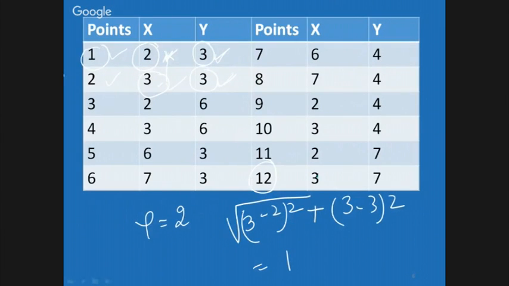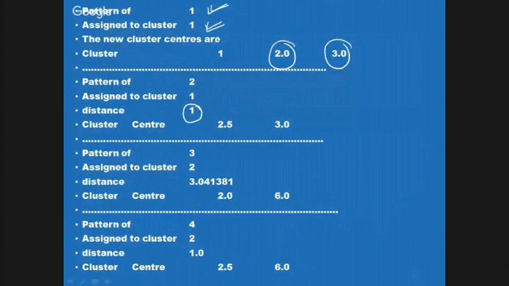Now we are comparing with the first cluster, because we have only one cluster. So we have found the distance 1, and this 1 is less than rho, which is equal to 2. So 1 is less than 2, that means this pattern belongs to the same cluster, cluster 1 only.